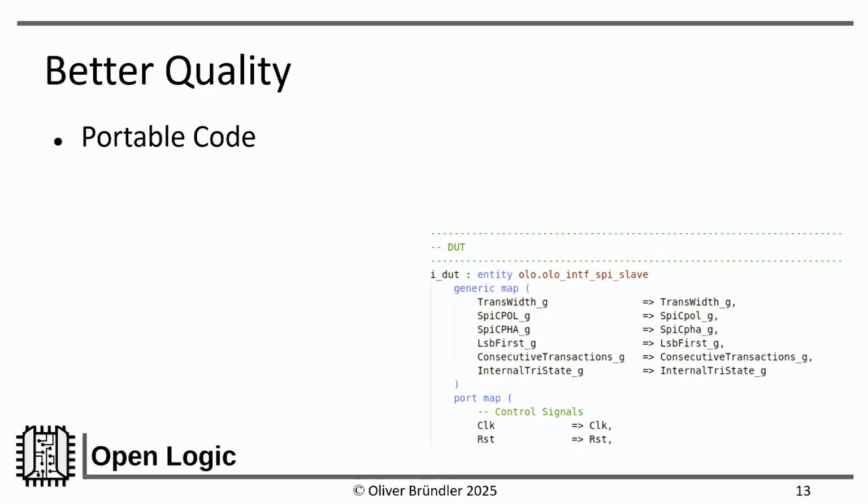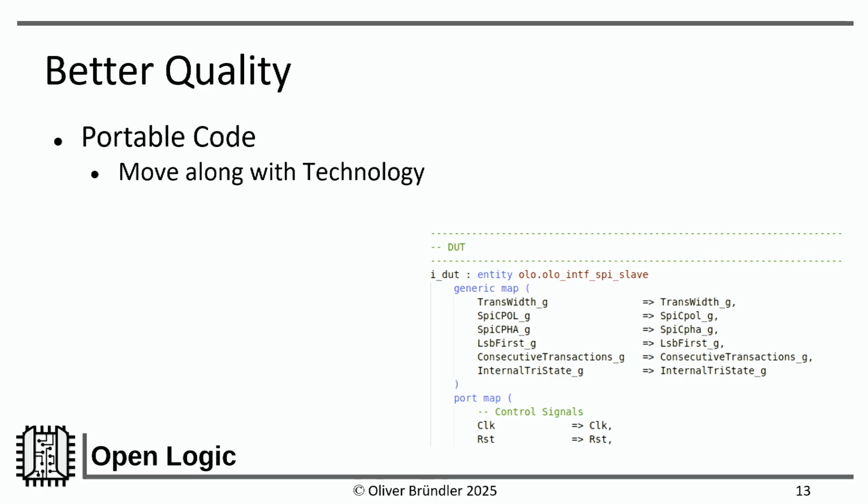OpenLogic will lead to better quality by means of portable code. It means you can port it to other devices, other projects and the likes. And this also means you can move along with technology. We have heard in the presentation before that with HBM memories, the life cycles are much shorter, and this is a problem. Well, if your code is portable, it still can be a problem, but it's the smaller problem.